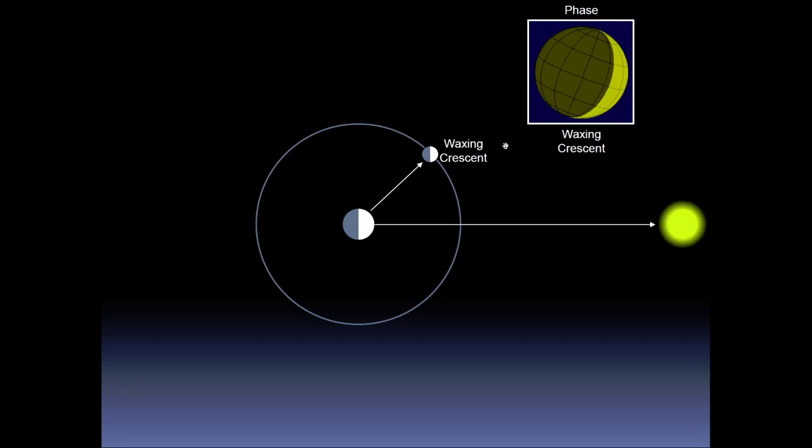So here we have a waxing crescent. This is what you would draw in the second little circle. You would have the waxing crescent, sorry.